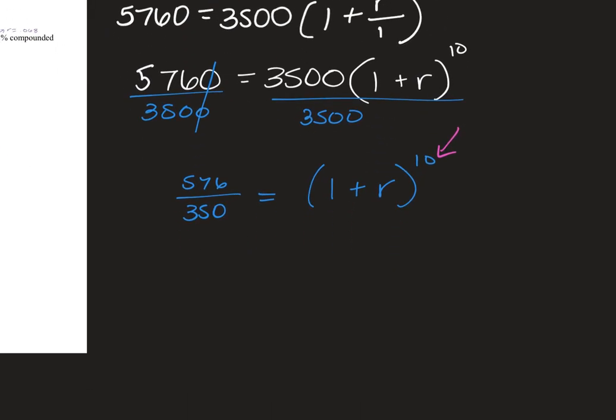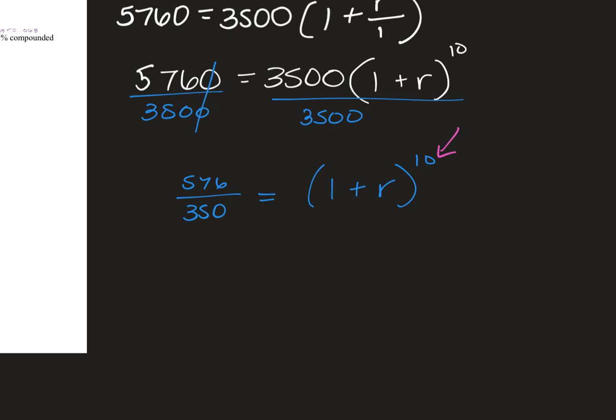If you had tried and done ln here and ln here, you'd get ln of 576 over 350 equals, and 10 could bump to the front, ln of 1 plus R. But I can never break that up because the variable's inside. You actually have to go back to before we even ln things and look at this as though it's something raised to the 10th power.